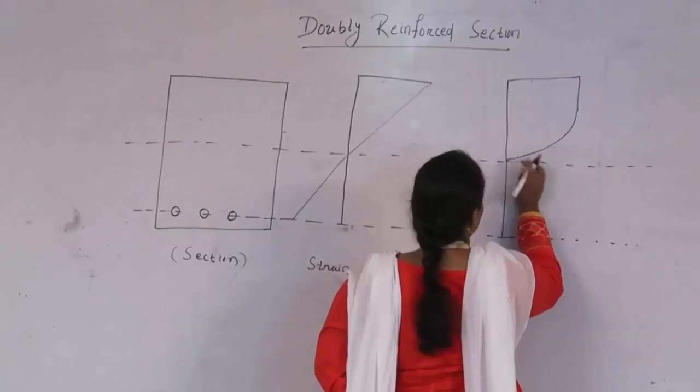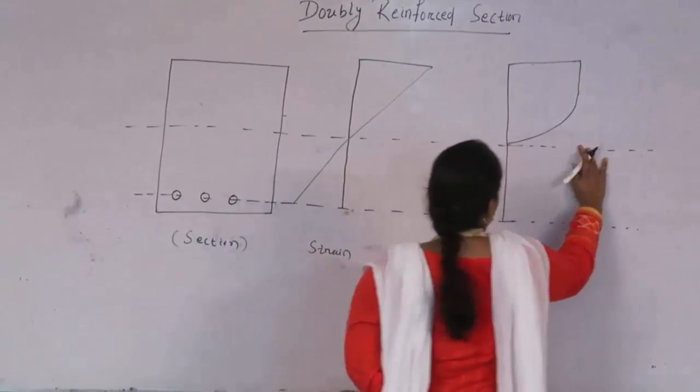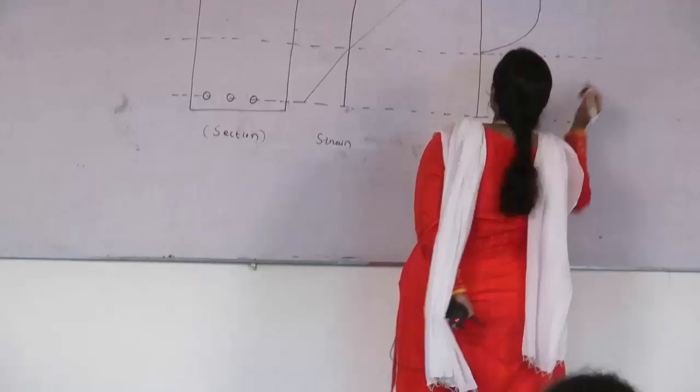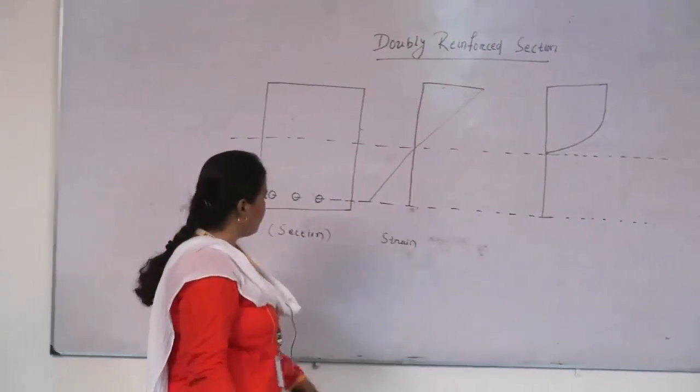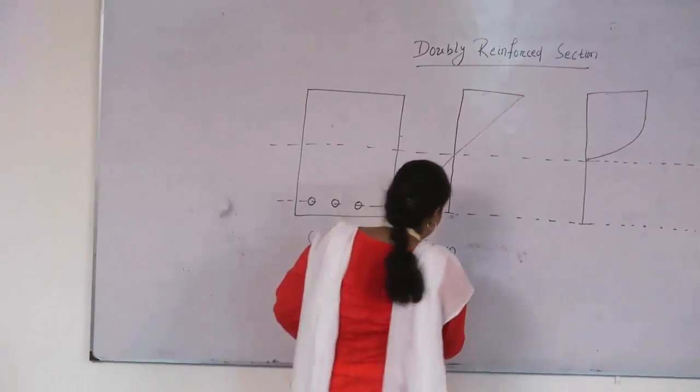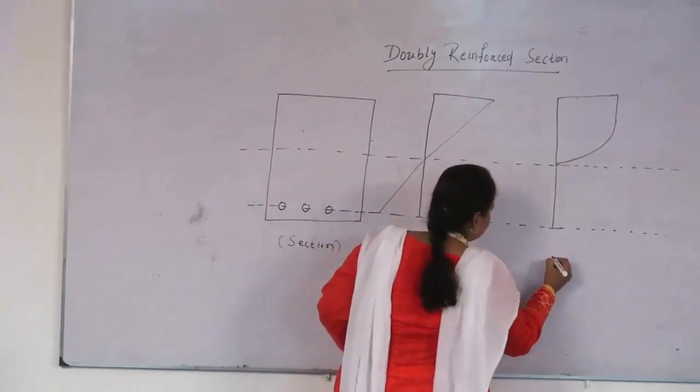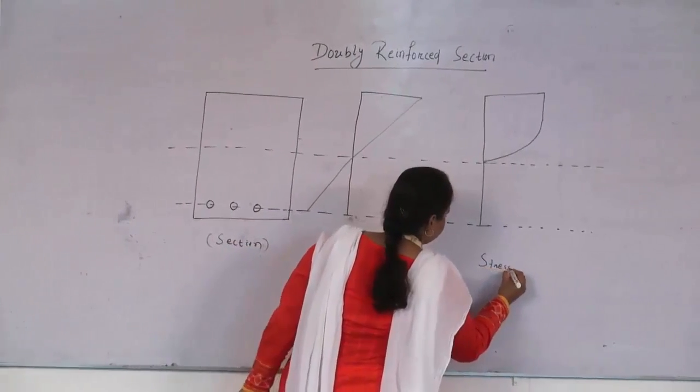This is totally parabolic. So what do you understand from this diagram? This is the section, this is the strain diagram, and this is the stress diagram.